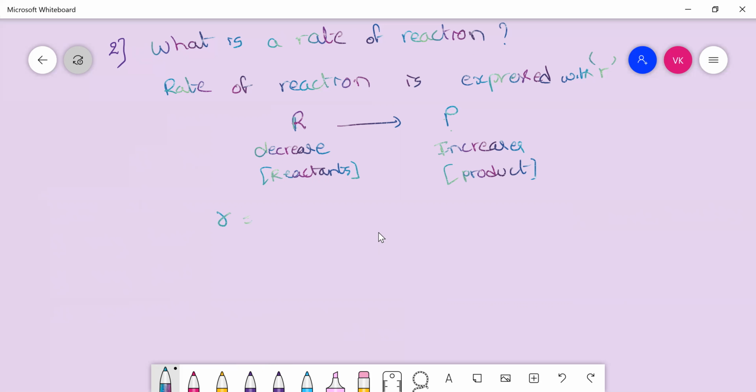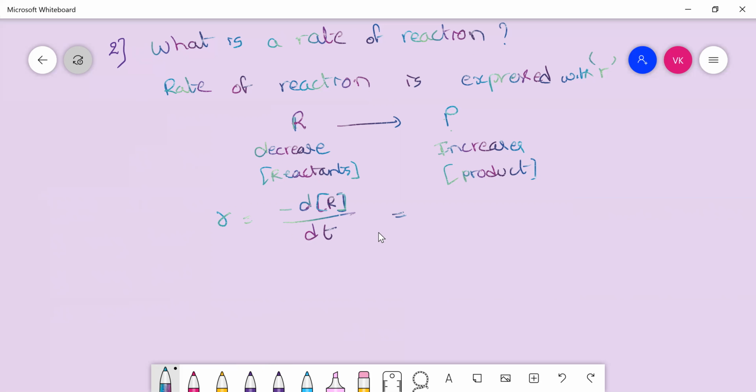r is equal to minus the change in the concentration of reactant, since decrease needs a minus sign. The square bracket indicates concentration. So minus d[R] by dt, change in time. You can also express it in terms of products, because during a chemical reaction the concentration of the reactant decreases and at the same time product starts to form.